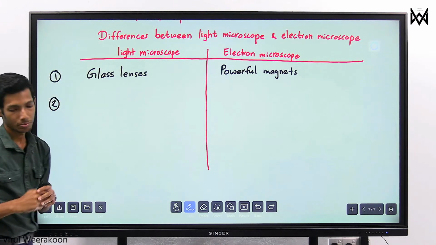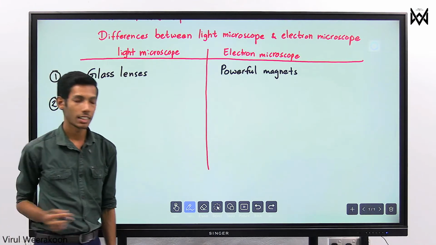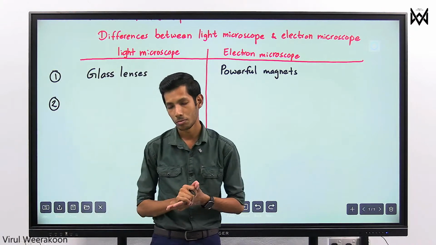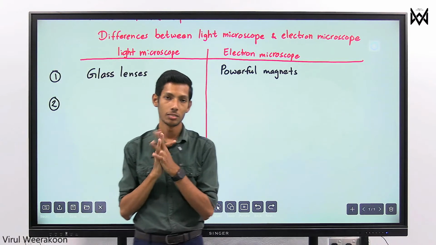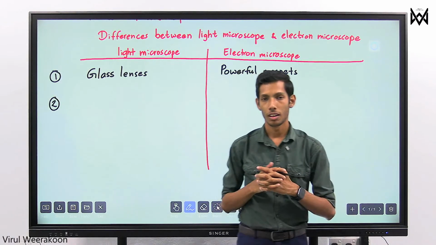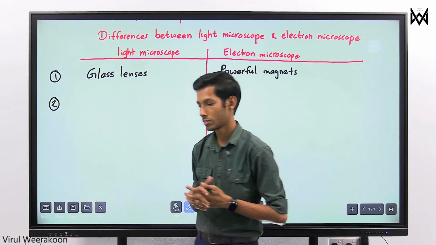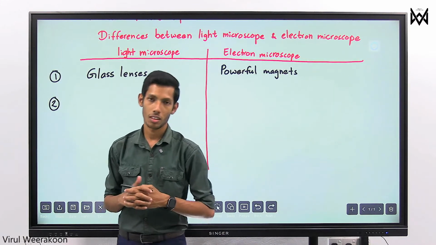Write down: the image is directly detected by the naked eye.